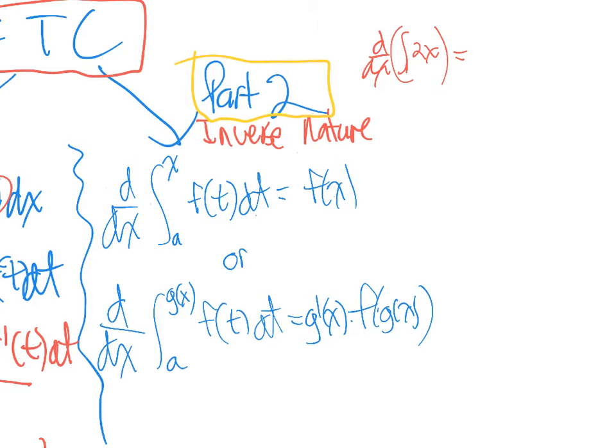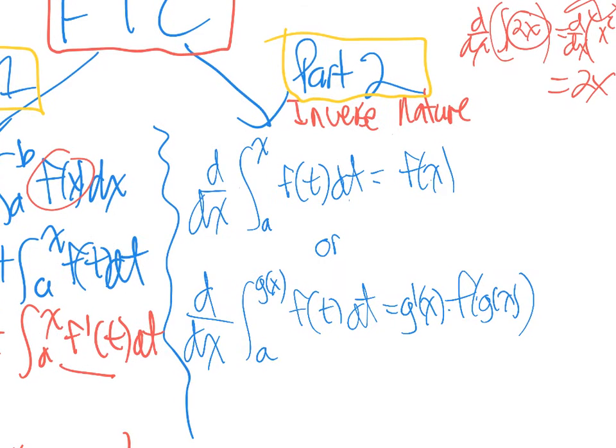Well, the integral of 2x is, so that's going to be d by dx of, what's the integral of 2x? X squared plus some constant c. And then what's the derivative of each of those? 2x. So you can see that if you integrate, then differentiate, they're just inverse processes, and you just get what you started with. That's part two. Part two just is the inverse nature of derivatives and integrals. So there's two parts to it.